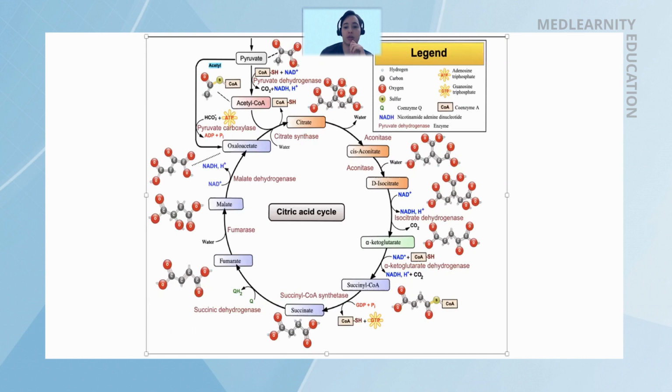And I'll just say as a brief aside that I don't personally think it's that helpful to memorize every single intermediate. You'll never be asked what the enzyme aconitase does. That's just not a very useful question for Step 1. But I think the way to approach the TCA cycle is to know that, for example, malate is part of the citric acid cycle.